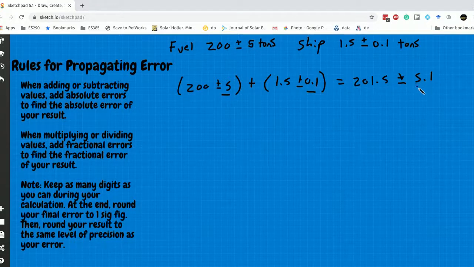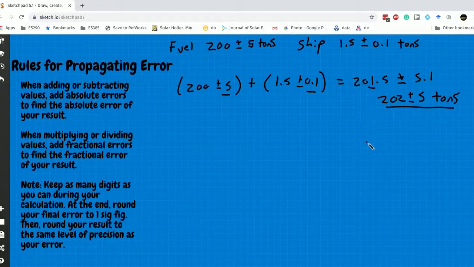We round our error to one significant figure, so our error becomes 5. We're also going to round our final result to the same level of precision as our error. And because our error is precise to the single digits place, we're going to go ahead and round 201.5 up to 202. We can see that the true weight of a fully fueled Mars orbiter is somewhere between 197 and 207 tons.